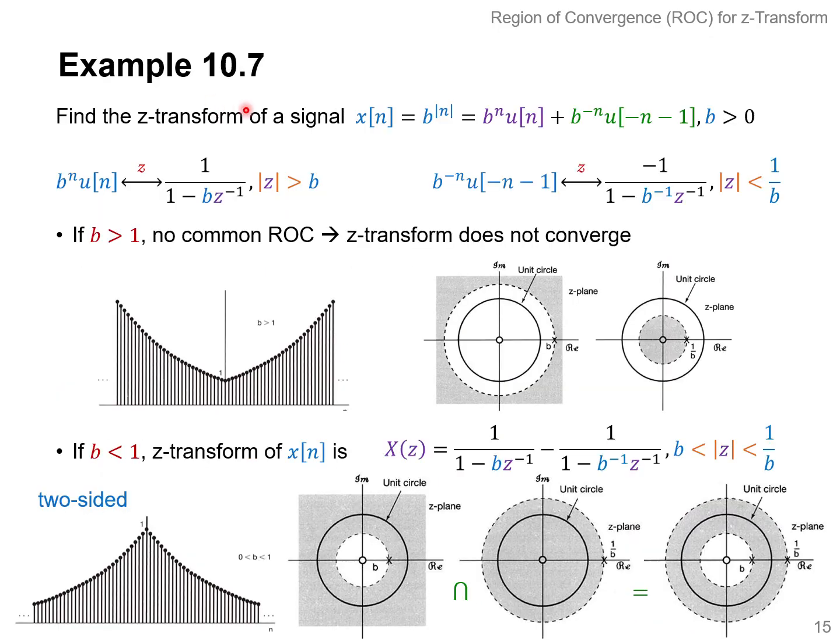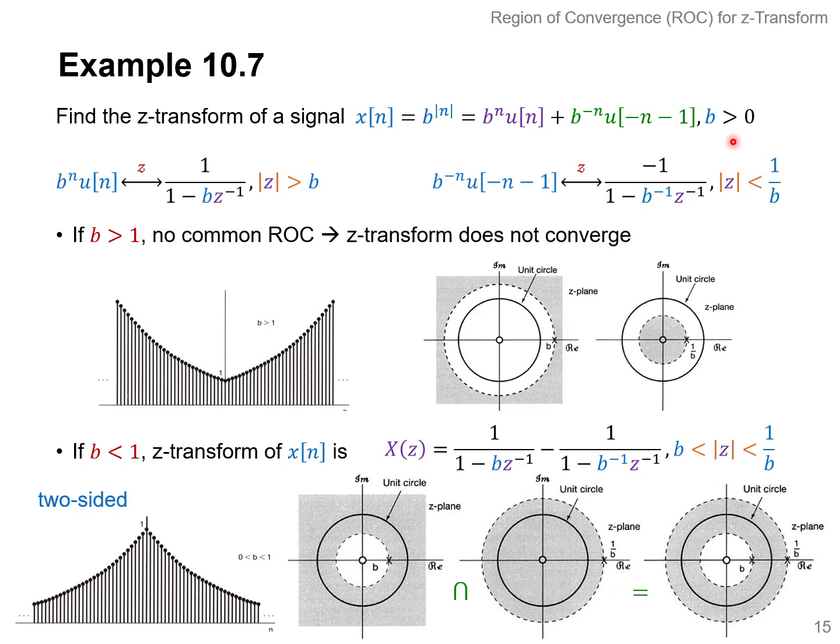In this example, we find the Z-transform of a two-sided signal. The signal is this. We can split it into two parts, a right-sided part and a left-sided part. Here, B is a positive number.